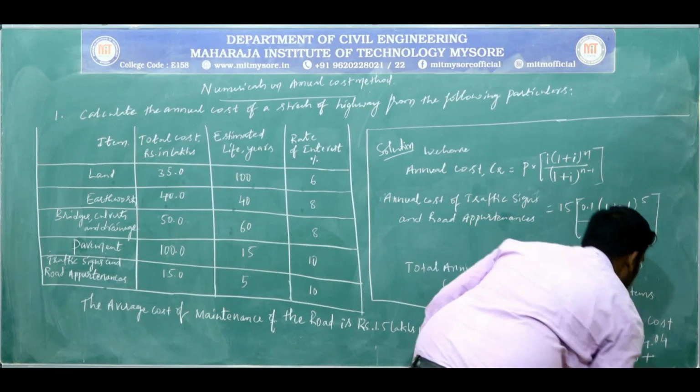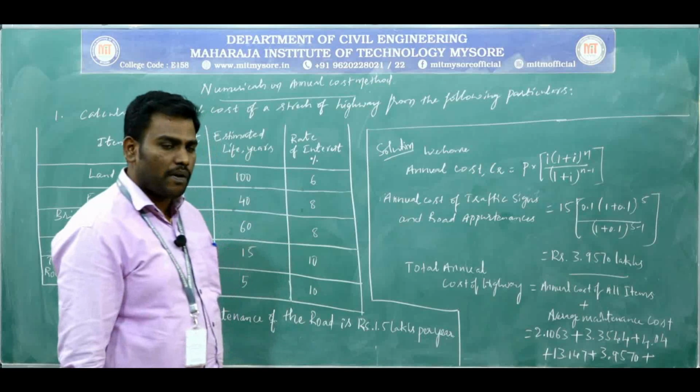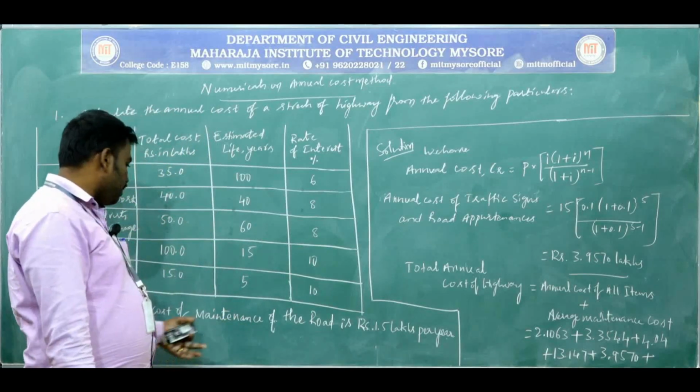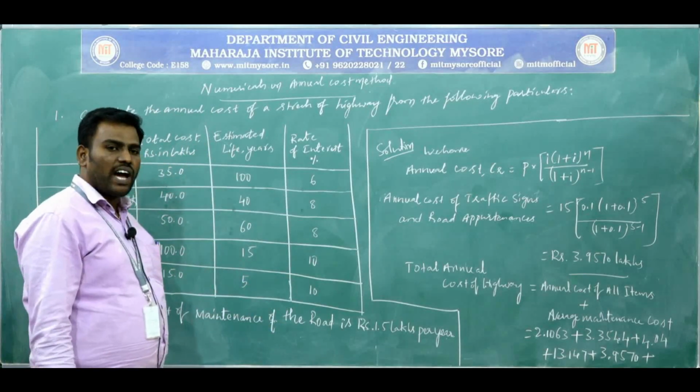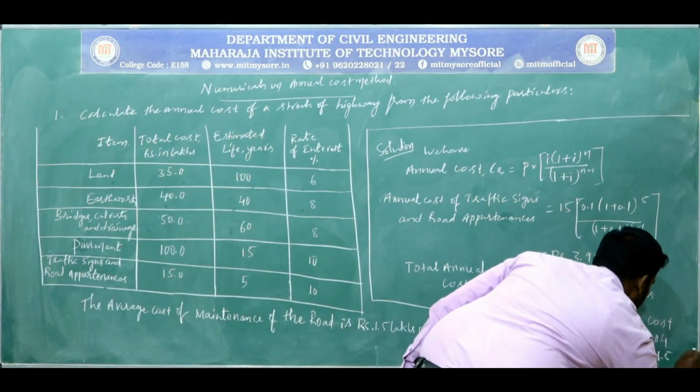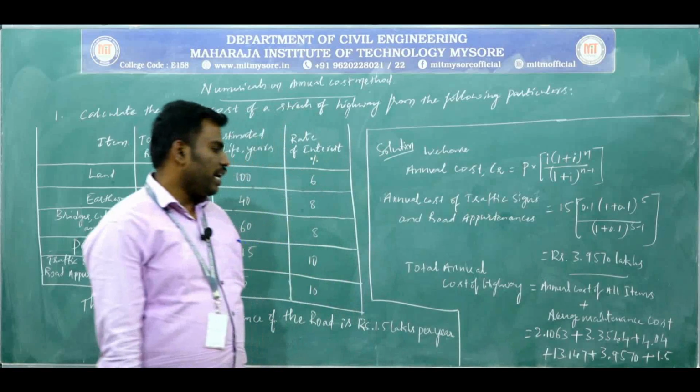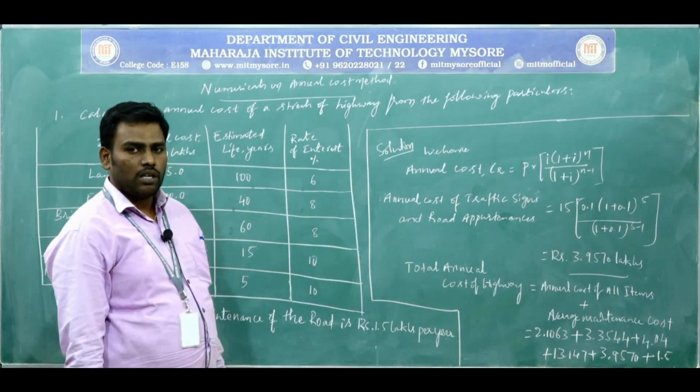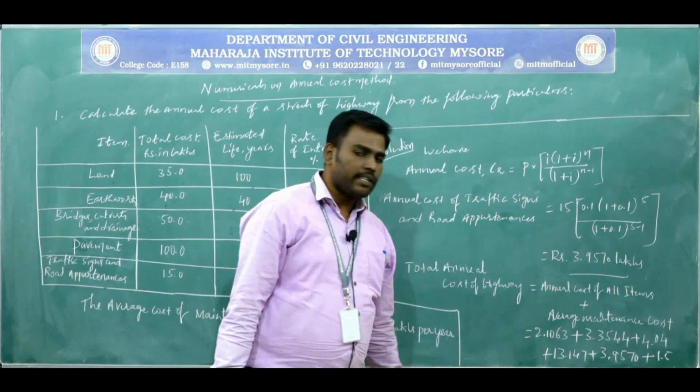Then the average maintenance cost they have given is about 1.5 lakhs per year. We have to add it, rupees 1.5 lakhs. Then we get the total annual cost.